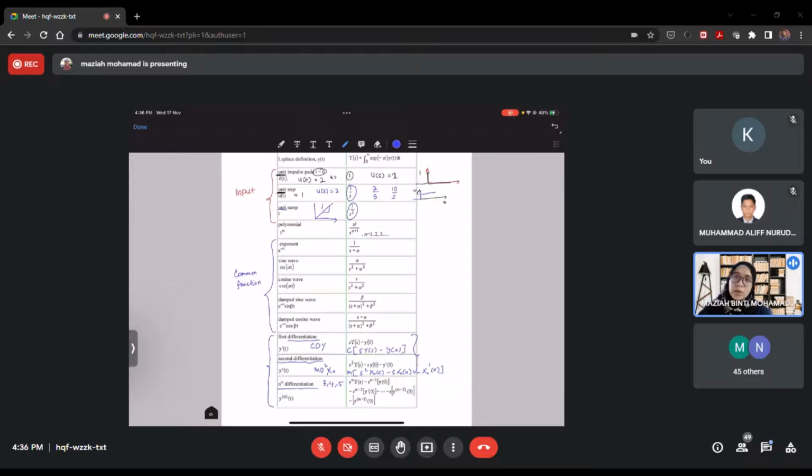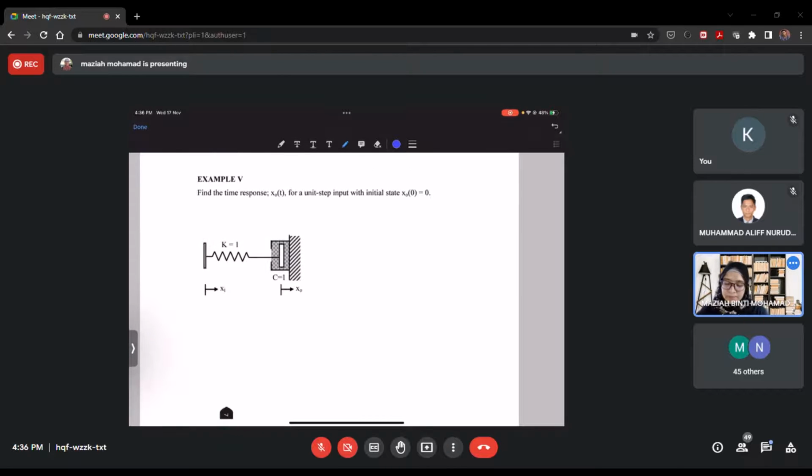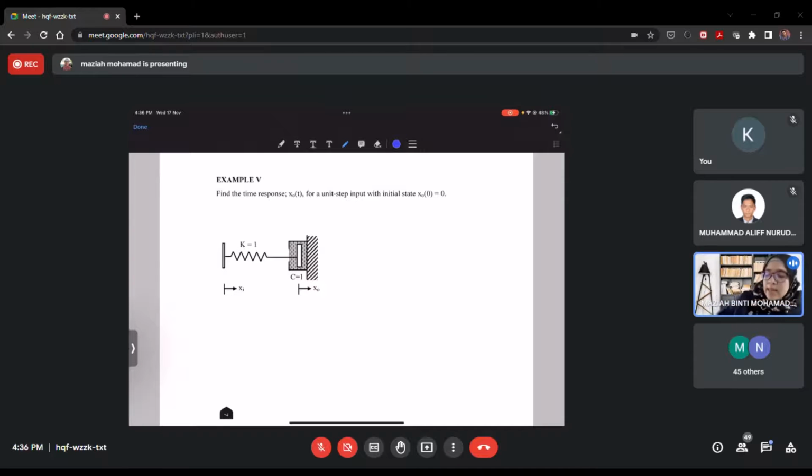Let's see the example here. For the example here, you need to find the time response, meaning we're going to do all the six steps, from the ODE up until inverse Laplace until we get the time response.